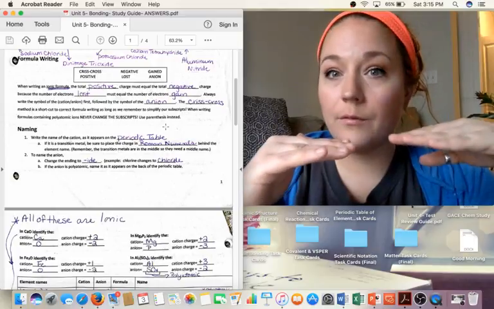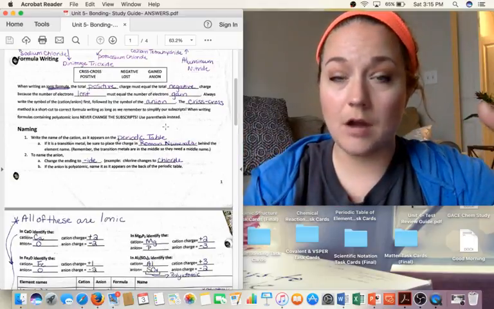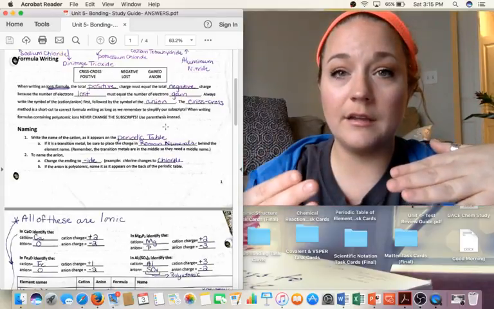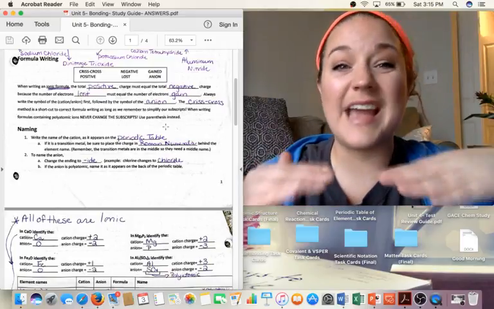This is why I keep asking you, +2, -2, is it 0? When we're forming these ionic names and these compounds together, they have to equal 0.